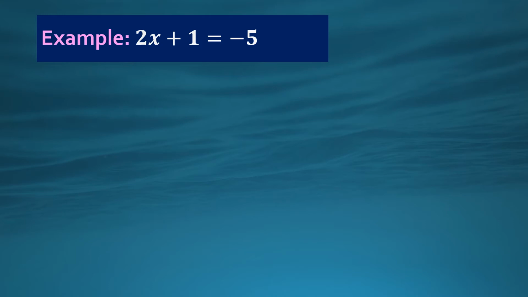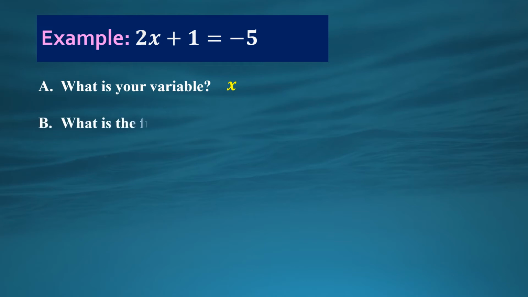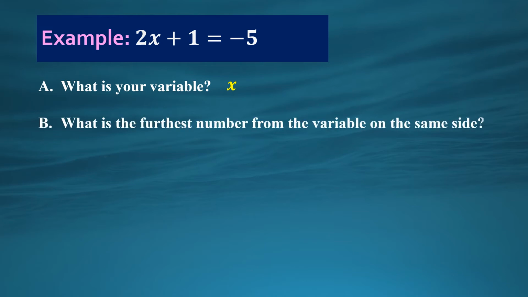Example, 2x plus 1 equals negative 5. First, you have to find your variable. Your variable here is x. Number 2, what is the furthest number from the variable on the same side? Yes, it's 1.